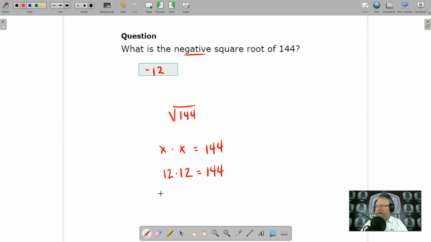And this works out, because remember, negative 12 times negative 12 equals a positive 144. So whether we use positive 12s or negative 12s, either way, we're going to get a positive value here, and 12 times 12 in both cases is 144. So the negative square root of 144 is negative 12. Again, we're using the negative root because they're asking for the negative root.